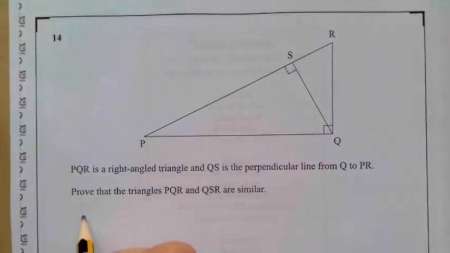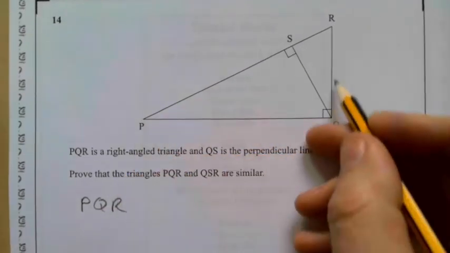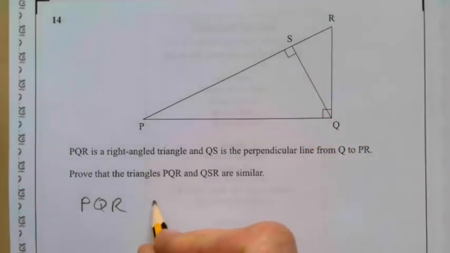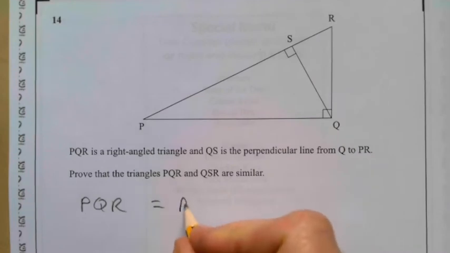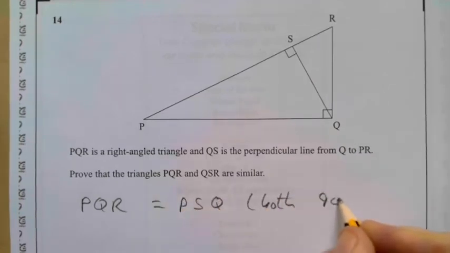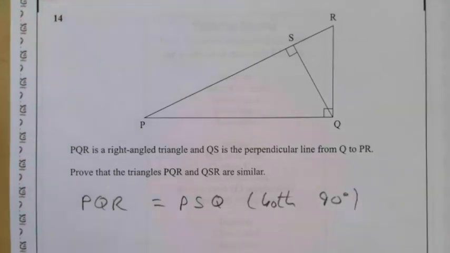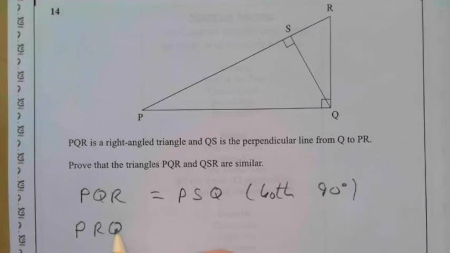Alright, I can see that PQR is a right angle. PQR shows you it's a right angle. And also PSQ are both 90 degrees. Also, I can see that PRQ, this is going to sound silly, equals PRQ.